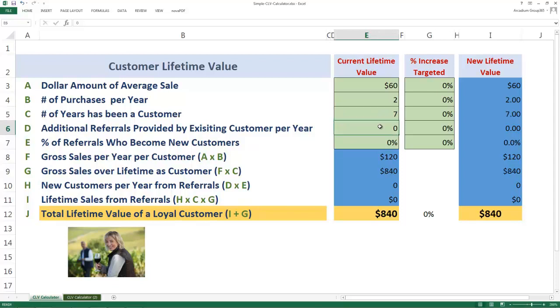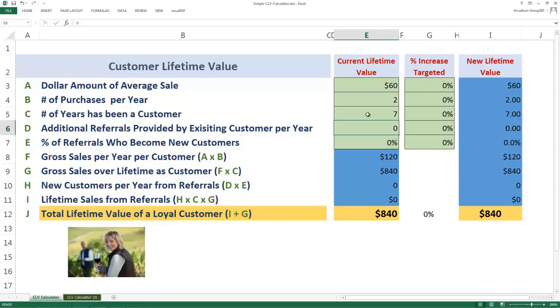Now, in the case of a winery, people might go longer than that, but let's say this was a restaurant and the average dollar spend for 2 people, for a couple, was $30 each, so $60 for the average sale, and they go to that restaurant twice a year. Going back 5 to 7 years is a pretty common lifespan for a customer at a restaurant.